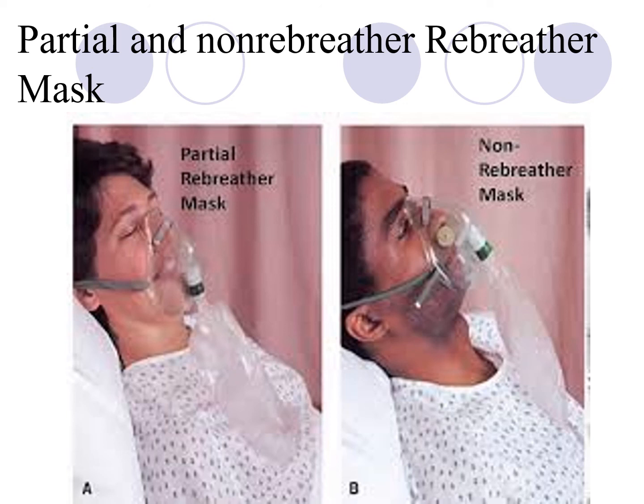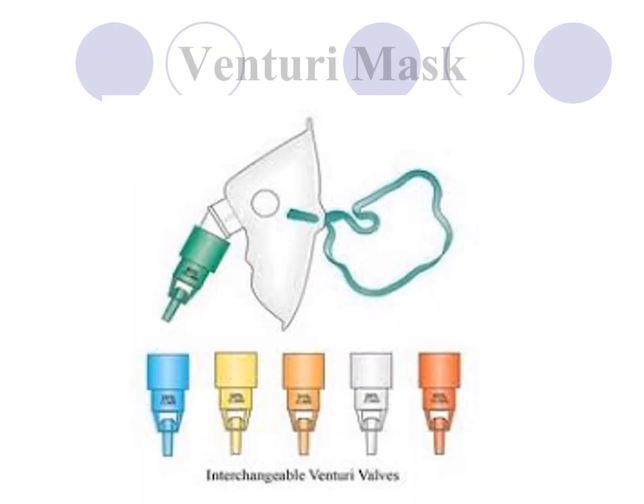So there are other types of mask, and each type gives a different concentration of oxygen, and has its own use. We'll discuss that. And the Venturi mask has a valve that can be adjusted to adjust the concentration of oxygen.